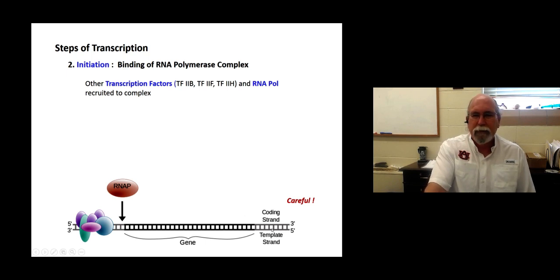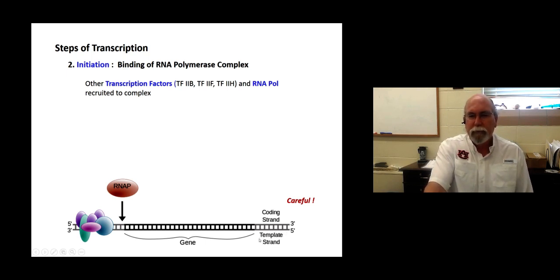The other thing to be really careful about is this wording right here. It's just all over the place, depending on what textbook you're looking at. Sometimes they call it the sense strand, meaning template, the anti-sense strand up here, the coding strand. We're going to try to stick with template strand because that's consistent with our textbooks.